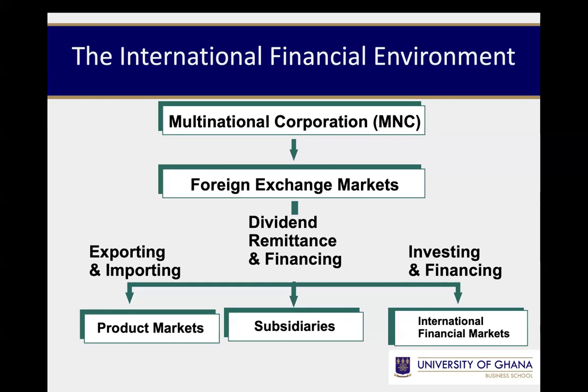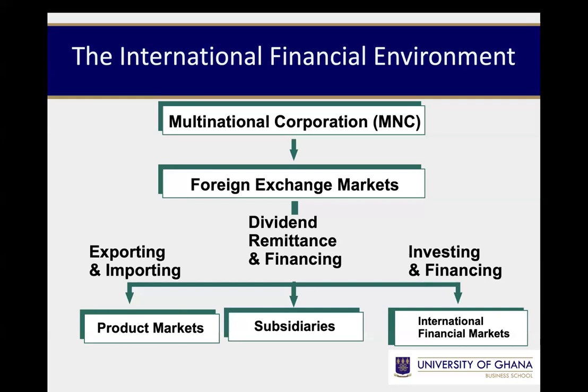Now, once we have a multinational company, an entity that crosses borders as part of its operations, it has to deal in foreign exchange markets. If it's exporting, it will be receiving some of its revenue in the form of foreign currency, in which case it would have to convert it into the domestic currency to be able to deploy that money in a form that is easily usable.